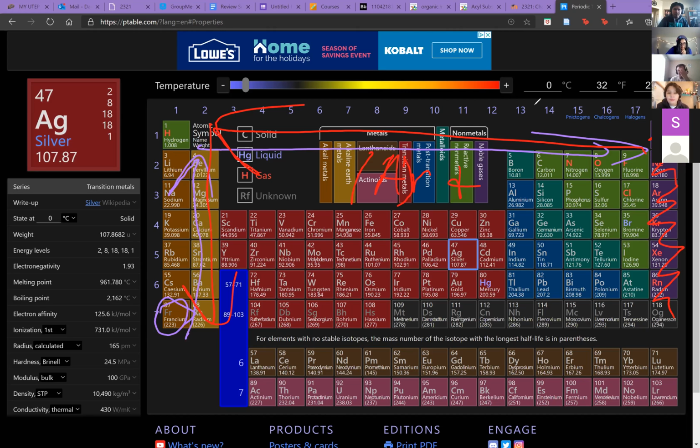As a rule of thumb, atomic radius and electronegativity are inversely related. The bigger the atomic radius, the less electronegative it is. The more electronegative an element is, the smaller the atomic radius, because electrons want to go to something that's small and easily accessible.